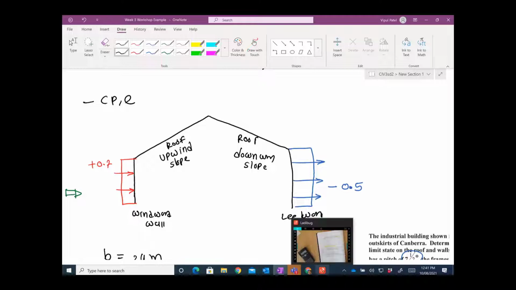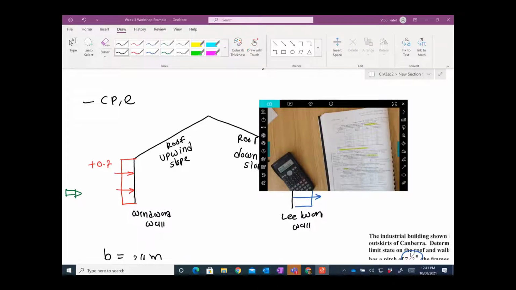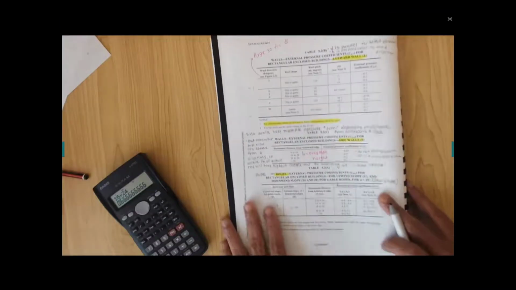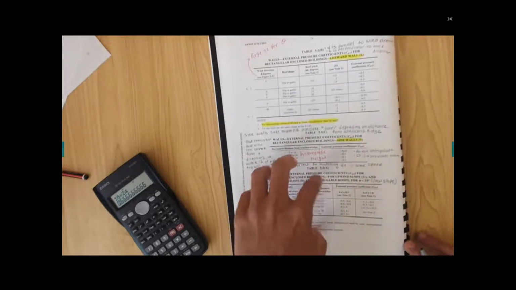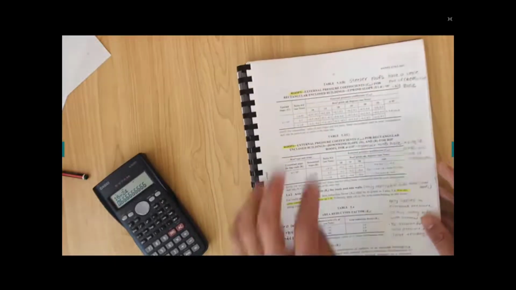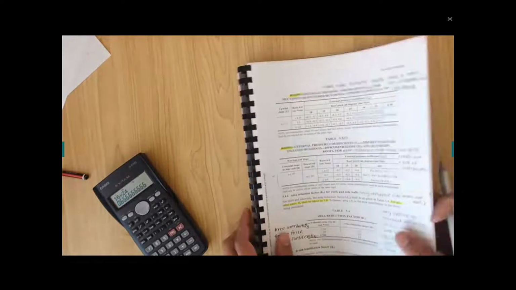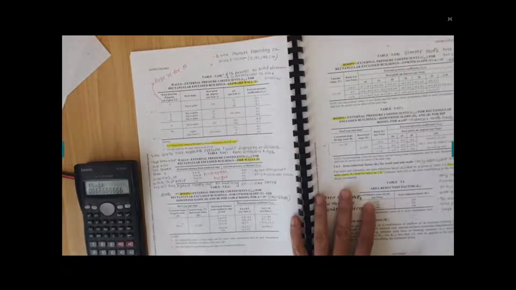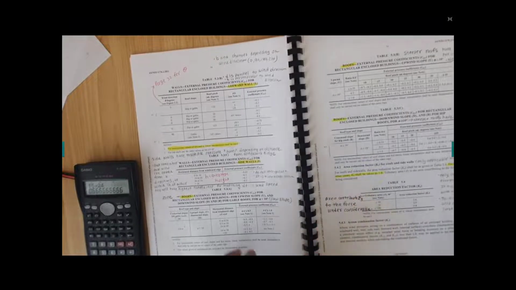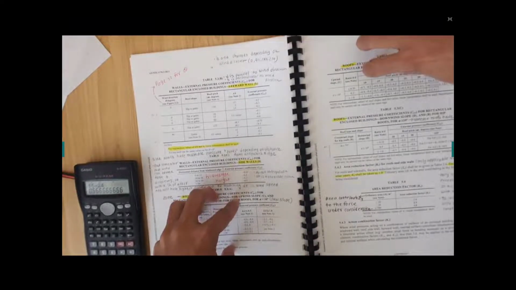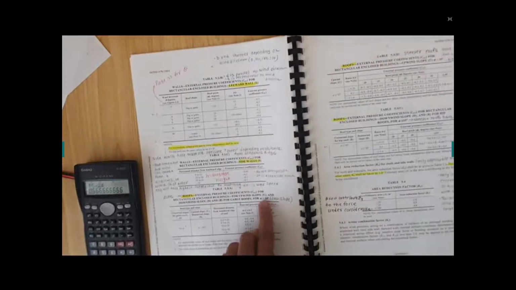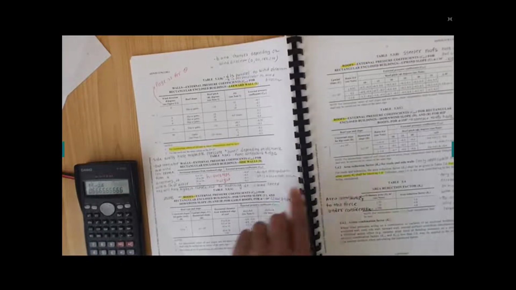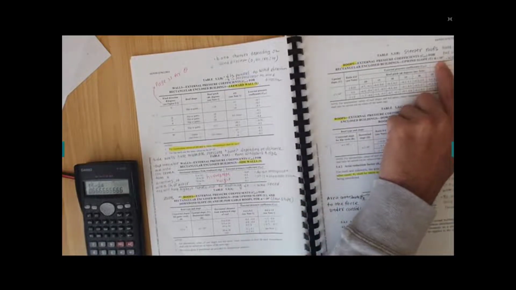Now for roof, we have 3 tables as I mentioned: 5.3a, 5.3b, and 5.3c. So I can explain how you're going to see which is which. The first and second tables basically talk about alpha less than 10 being a low slope, and alpha greater than 10 being the high slope.